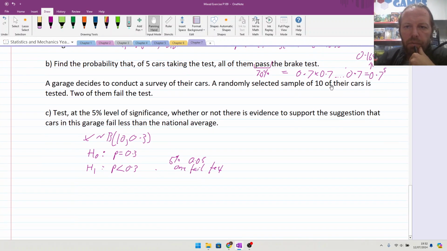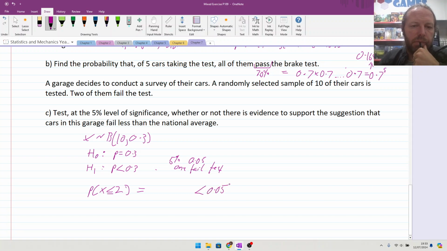So on here we have done the selected sample of 10 cars and 2 of them failed. So we are looking at the probability that X is less than or equal to 2, that they fail. And that will have to be less than 0.05, and that's what we're testing against.